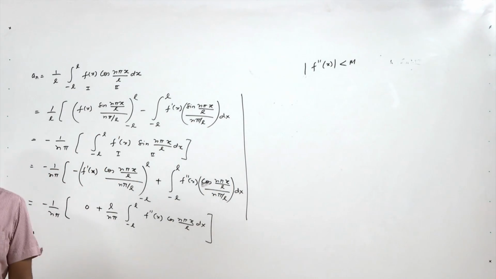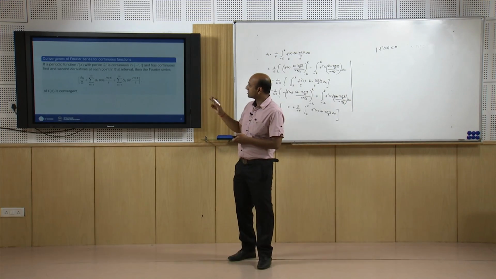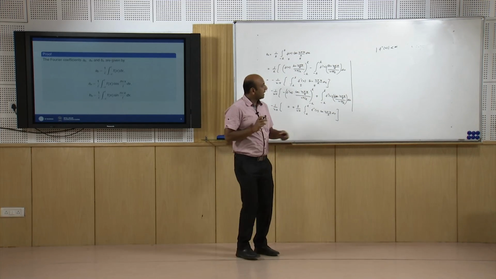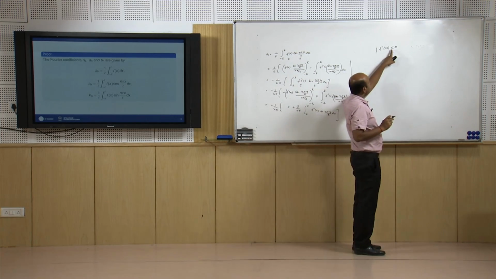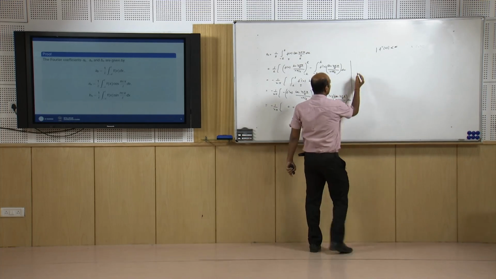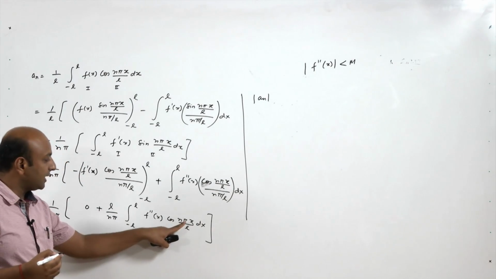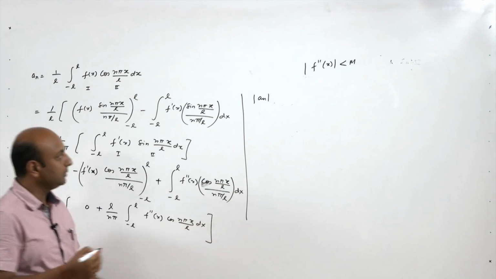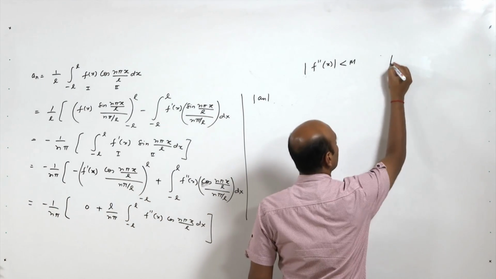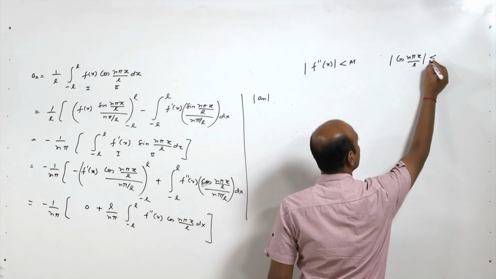As given in the statement itself, f double dash is continuous, so there will exist some M such that f double dash is less than capital M. If we apply this over here, mod of cos n pi x upon L is always less than or equal to 1.